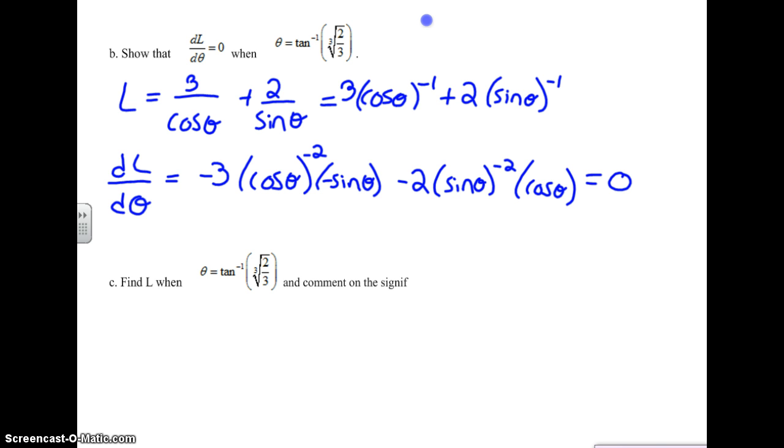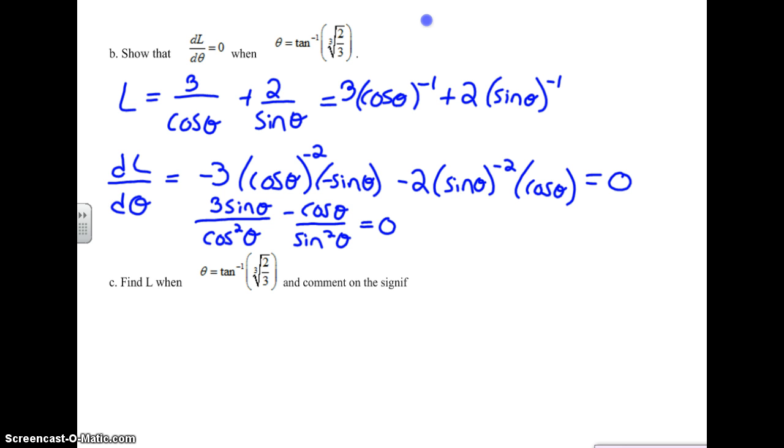I would like to clean this up a little bit, so I'm going to move my negative exponents to the denominator. So I'm going to have negative 3 times negative sine, that'll be positive 3 sine, divided by cosine squared, minus cosine theta divided by sine squared equals 0.